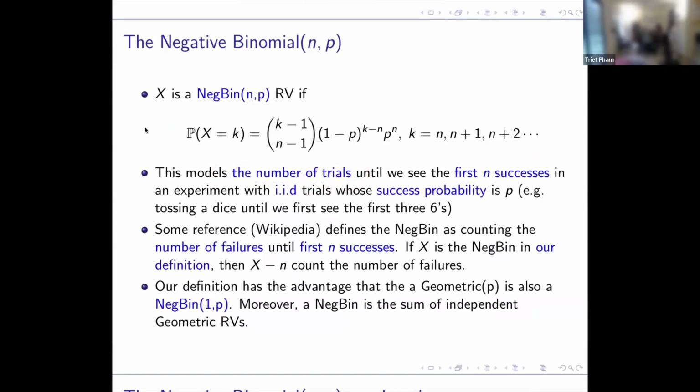Instead of waiting for the first success, you wait until you see the first n successes. So this n is the parameter of the negative binomial. And that's why the number of trials has to be at least n, or the support of the random variable has to count from n upward.